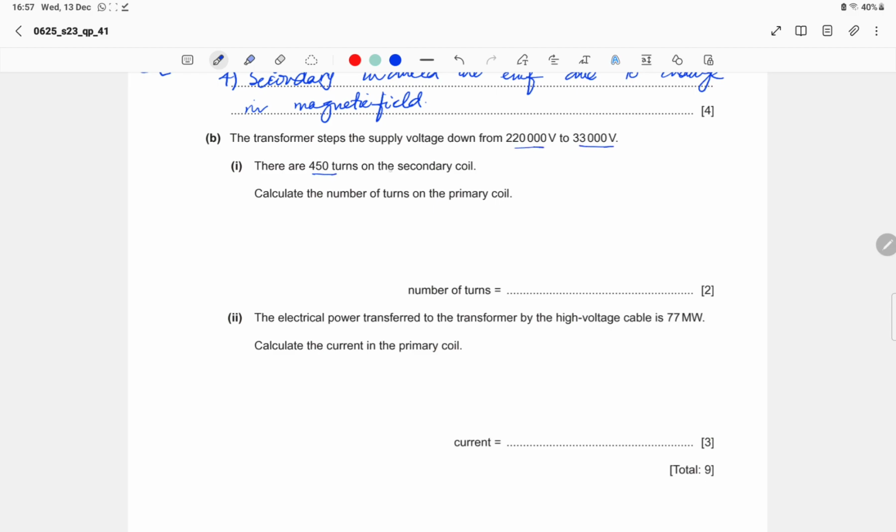The transformer steps the supply voltage down to this. There are 450 turns in the secondary coil. Now you have to use the formula NP over NS equals VP over VS. To find the number of turns in the primary, it's going to be 450 times 220 upon 33. If you solve this you will end up with 3000 turns.